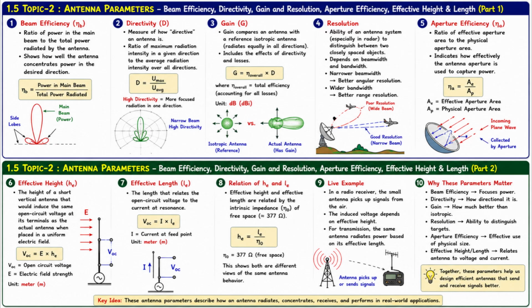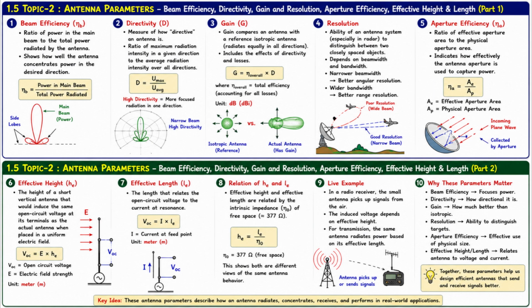That we have to understand. Once again repeating, if most of the power is in the main beam or main lobe, the antenna has good beam efficiency.